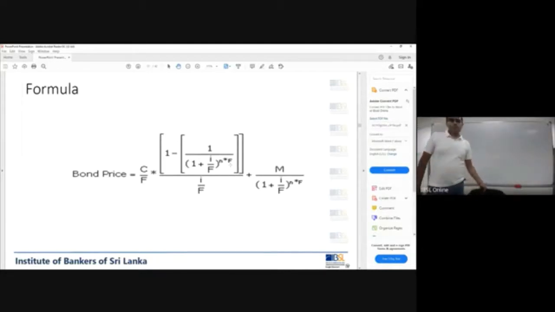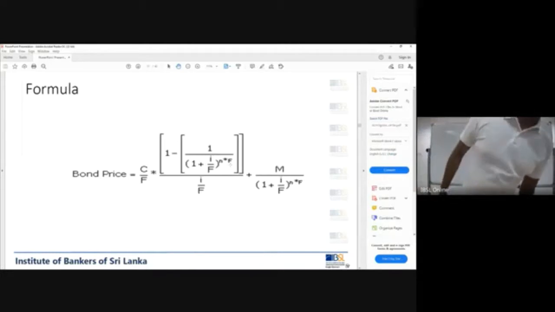Right. So the bond price formula. First one is the coupon divided by the face value, which is like an interest rate. There are two portions of it, separated by the plus sign in the middle.